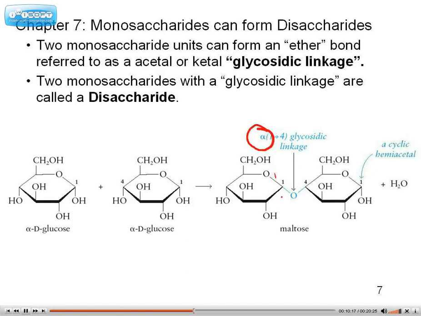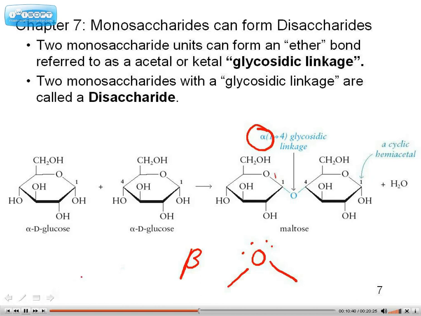If it was in a beta position, then even that subtle change, the enzyme may not work like it would with the alpha, and you would need a completely different enzyme in order to break down the beta form of the ether, aka the beta form of the glycosidic linkage.